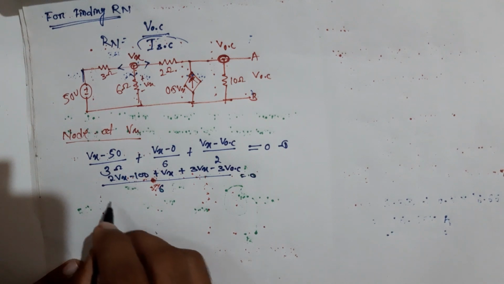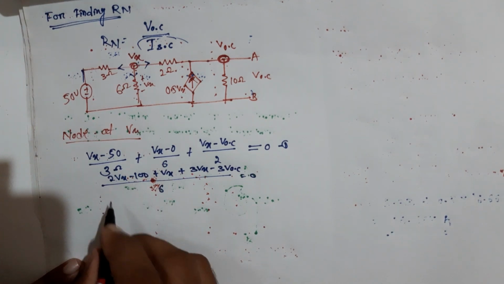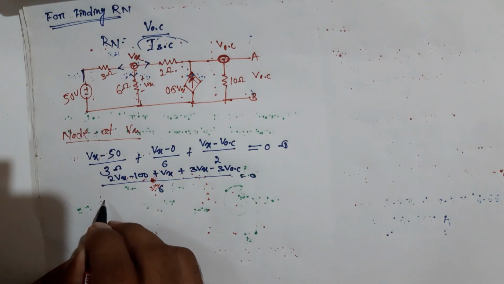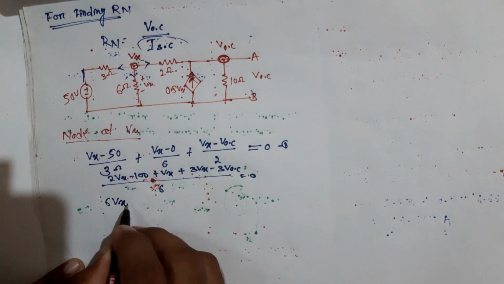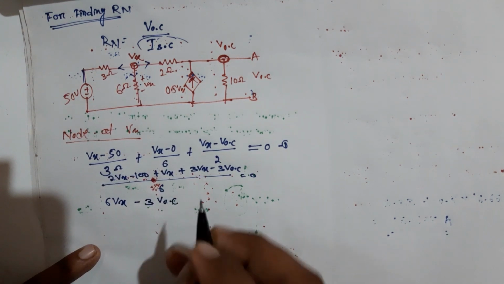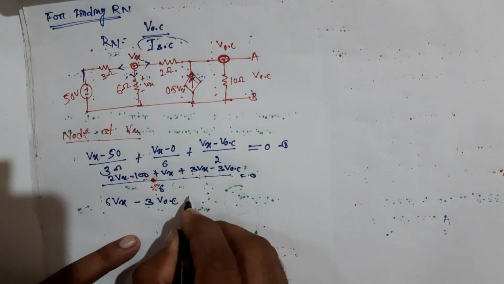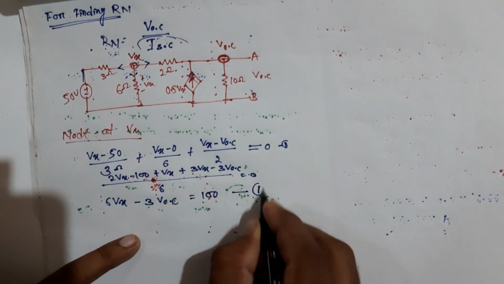Modifying again: 2Vx plus Vx plus 3Vx, which is 6Vx, minus 3VOC is equal to 100. This is our first equation.